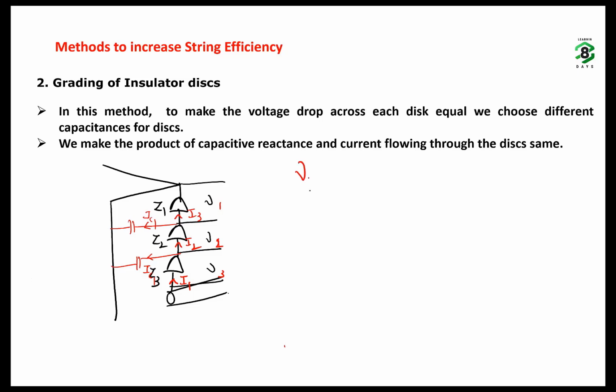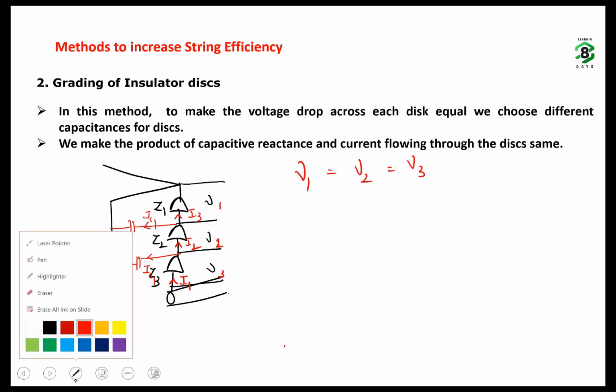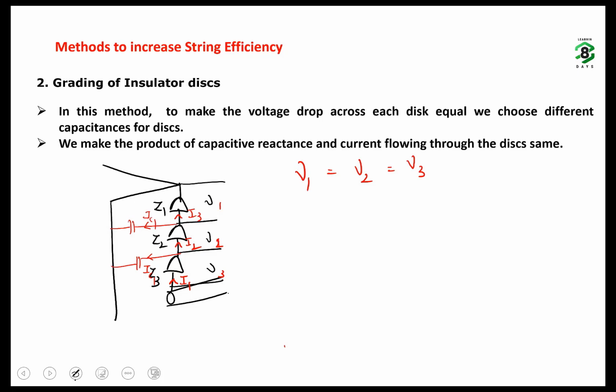That means I want to achieve V1 equals V2 equals V3, so that string efficiency is 100%. V1 is the current flowing through the first disc, I1 into Z1. The second is I2 into Z2, and I3 into Z3. Sir, why are these Z values different?